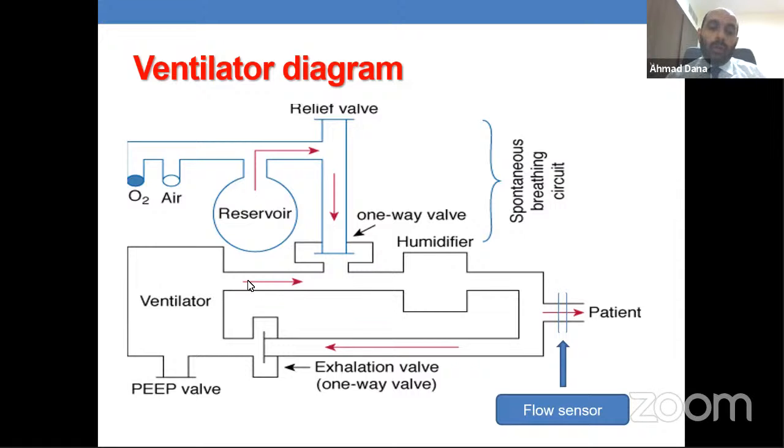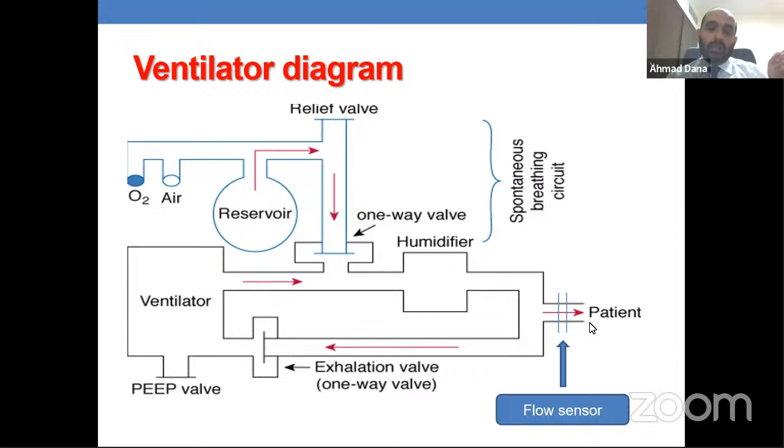The air is coming, and there will be a control here to get the PEEP. So the air is flowing. Now, if you want to generate PIP, you close the exhale valve. You just close it, so the pressure will increase as the positive inspiratory pressure. The air will go through the humidifier and to the patient.